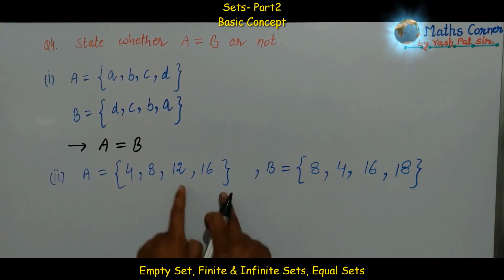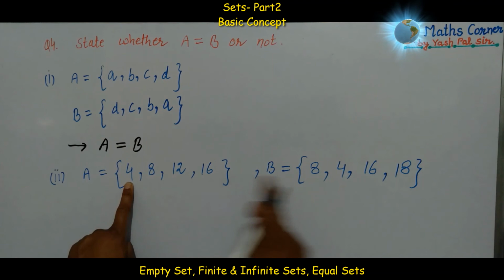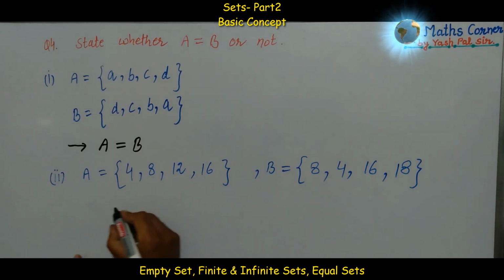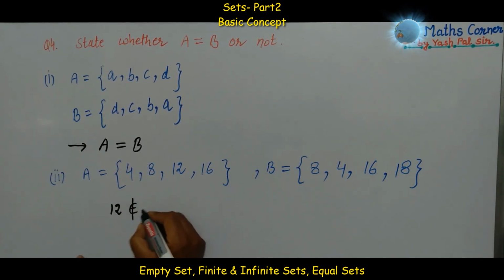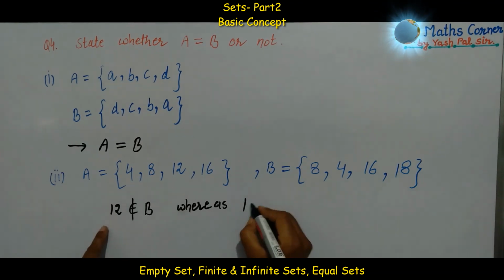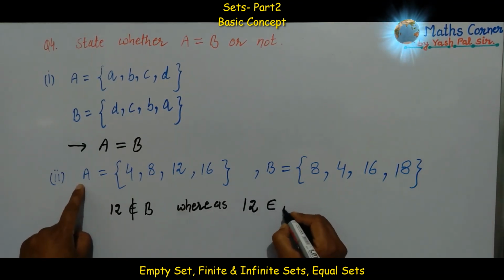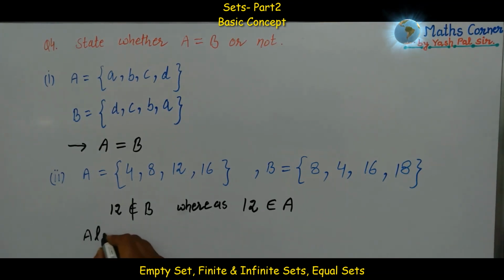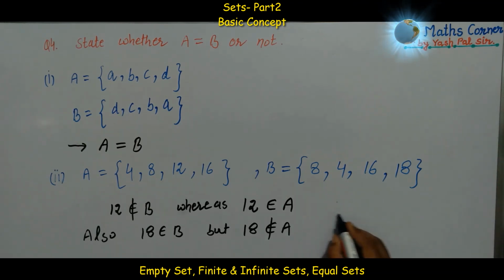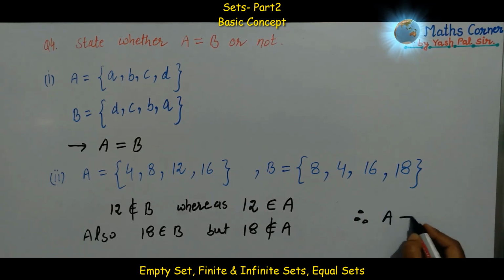If we compare the two, what do we find? 4 is here, 4 is also there, 8 is okay, but 12 is not an element of set B. 12 does not belong to set B, whereas 12 is an element of set A, that is, 12 belongs to set A. Also, we can say 18 belongs to set B, but 18 is not an element of set A. So this concludes that A is not equal to B.